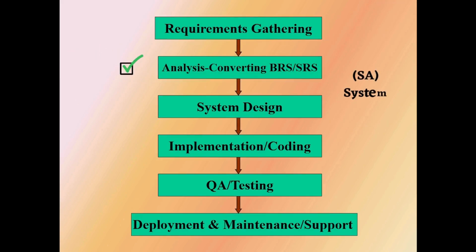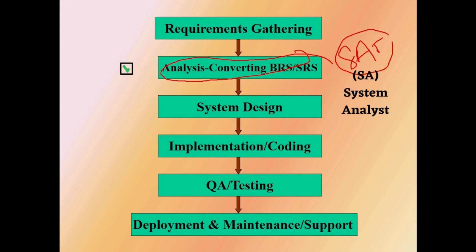After successful completion of requirement gathering, the project process moves to the next phase, called analysis. In this analysis phase, all business requirements are converted into technical requirements, and the first technical document to come in this phase is the SRS. The system analyst team is involved in this analysis phase. They convert all business requirements into technical requirements.